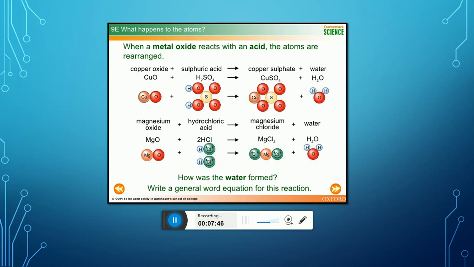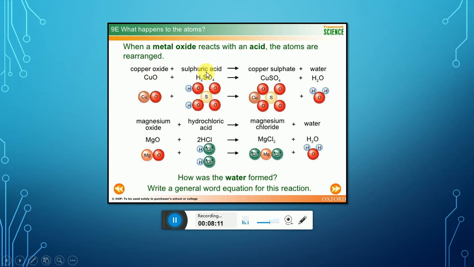There is one atom of copper and one atom of oxygen, and sulfuric acid, H2SO4: two atoms of hydrogen, sulfur at the center, and four oxygen atoms at the corners of sulfur.